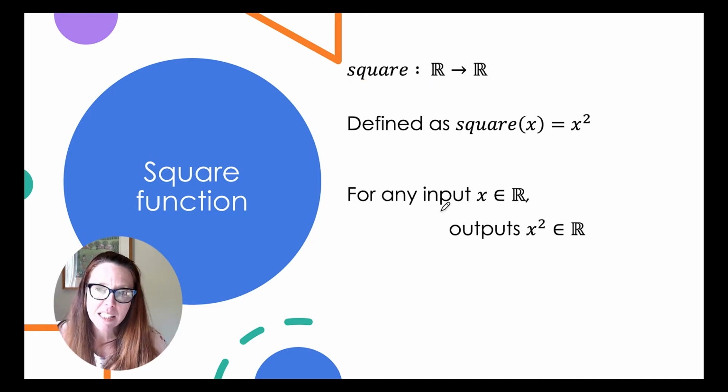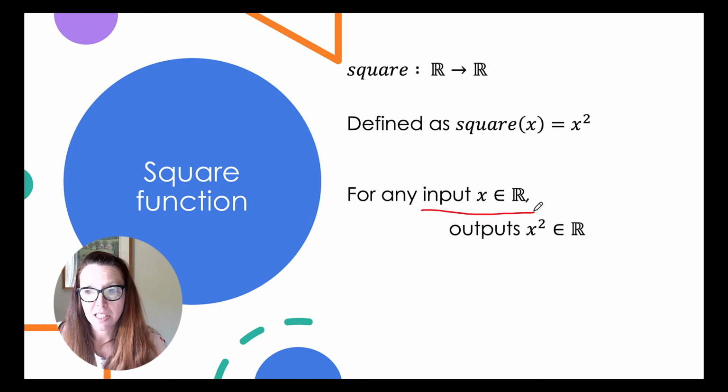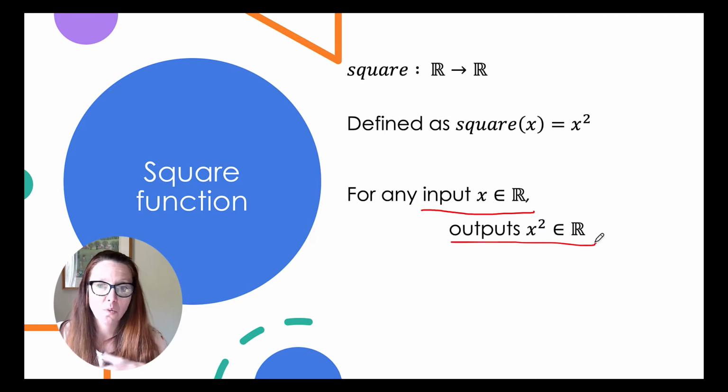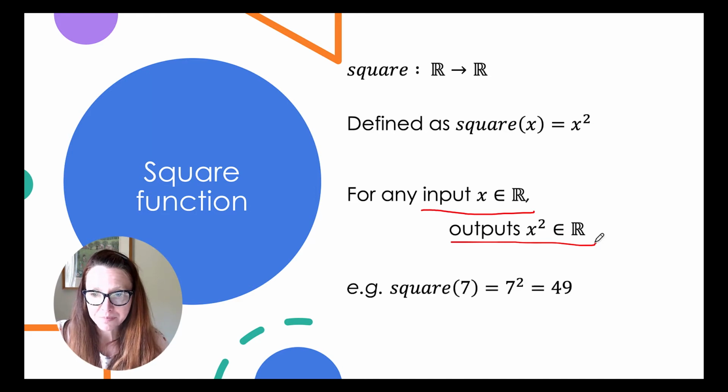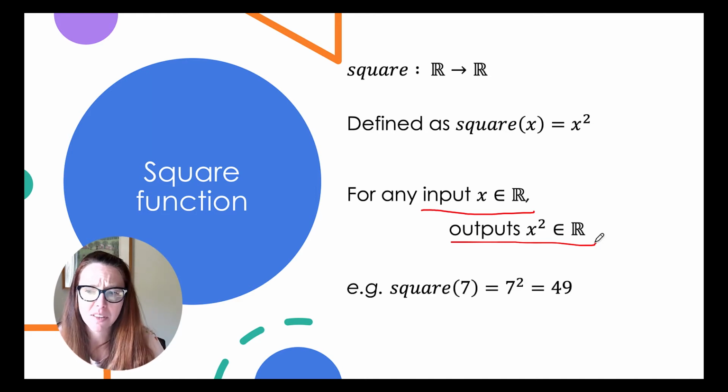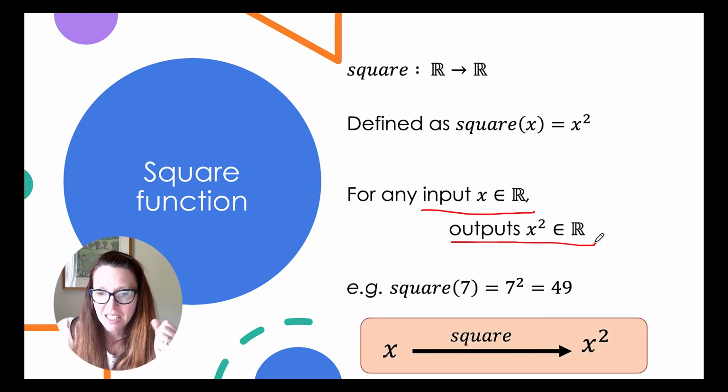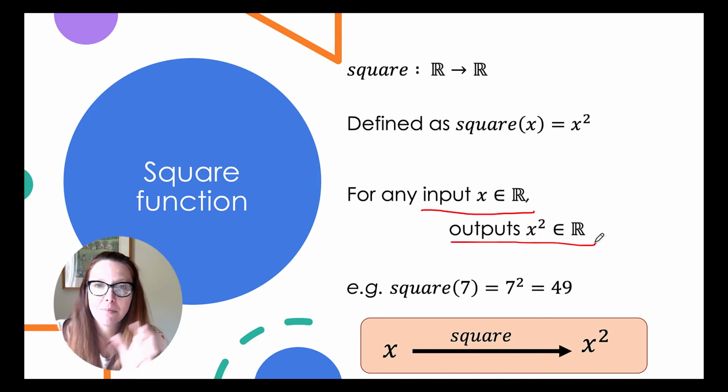This function takes any input from the set of real numbers, and it's going to output x squared, which will also be a real number. For instance, we can square the number 7, and we take 7 as input and output 49, because 7 squared is 49. This is a mapping x to x squared, x to square of x.